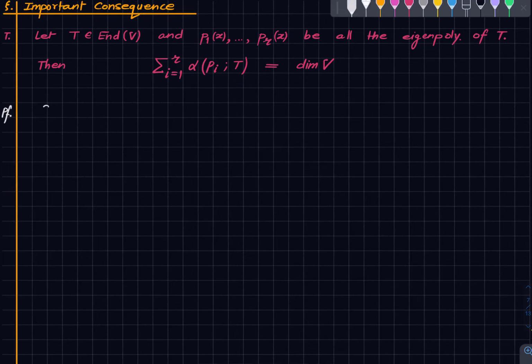So say the minimal polynomial mx is equal to p1x to the power k1 dot dot dot prx to the power kr.